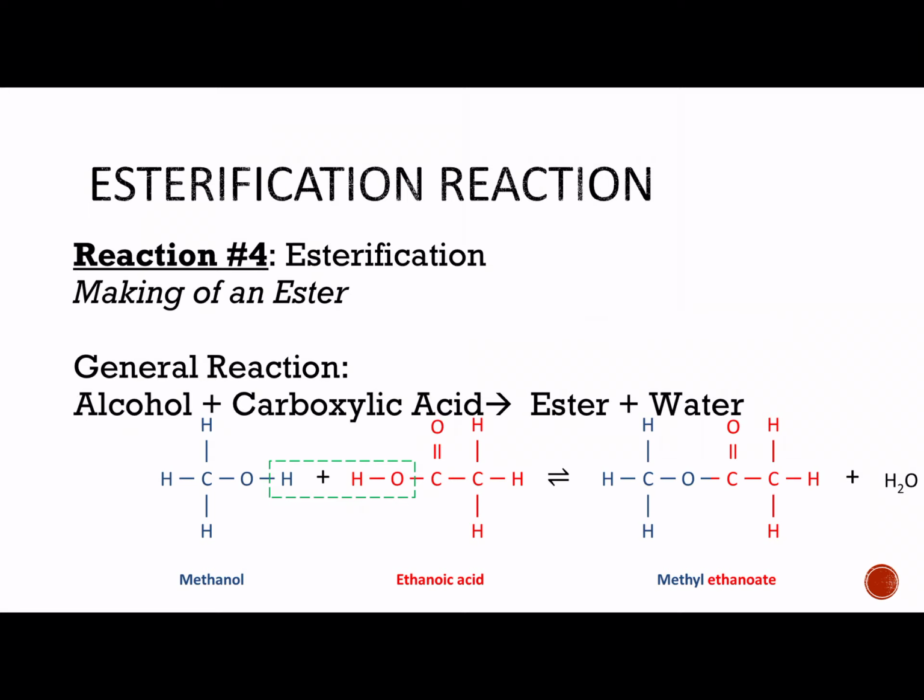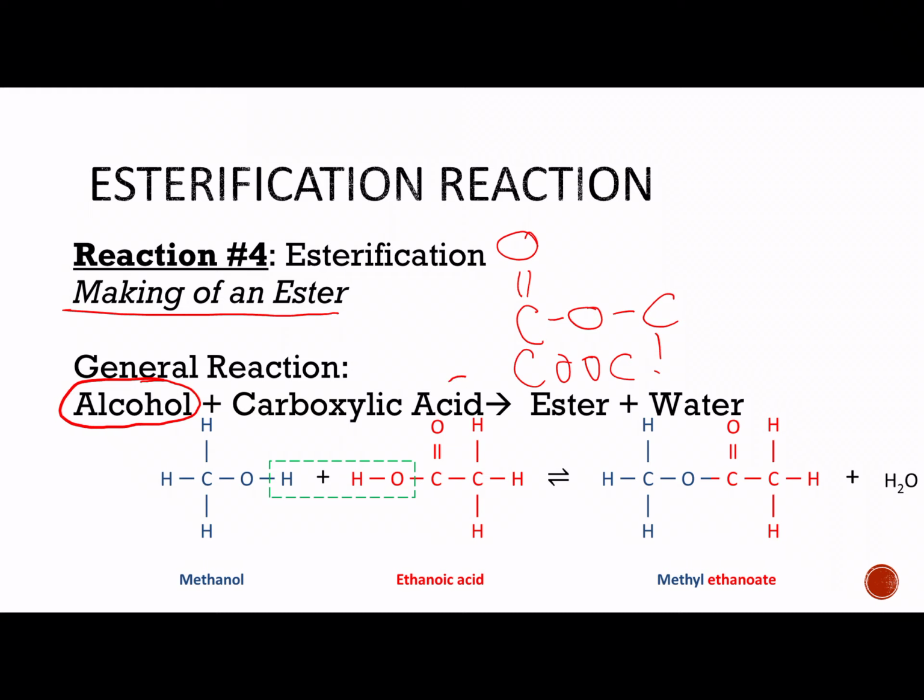All right, so first, what is the esterification reaction? First of all, it means make an ester. If you'll recall, an ester is COOC. What you need to make an ester, your ingredients, are an alcohol and a carboxylic acid.